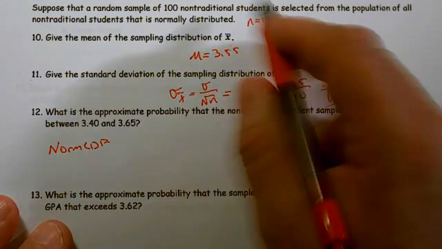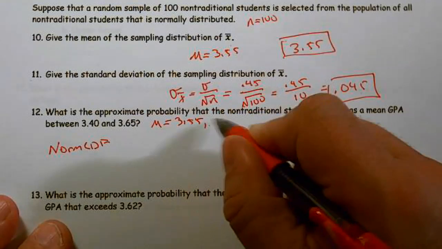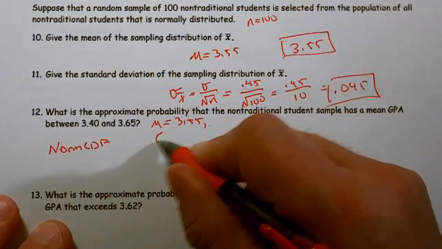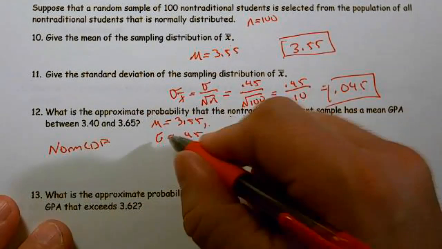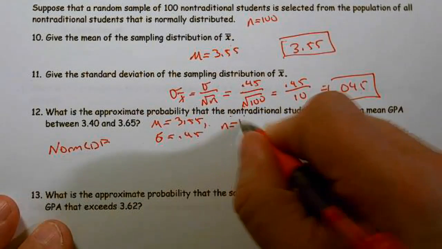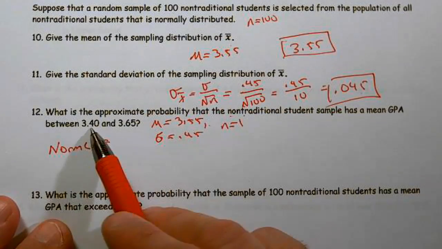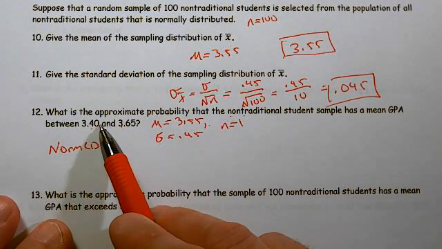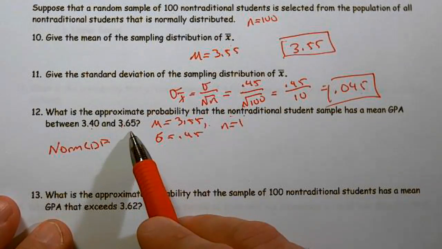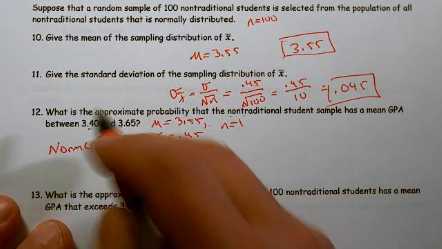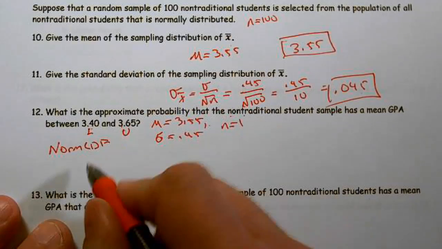We know from up above that our mean is 3.55 and our standard deviation is 0.45, and since it says a non-traditional student, that means we are only dealing with one student. Anytime they give you a range of values, it's going to be easier to work with a norm CDF because you have a lower bound and an upper bound.